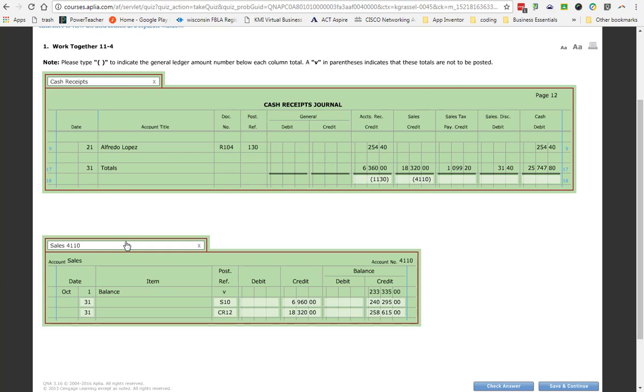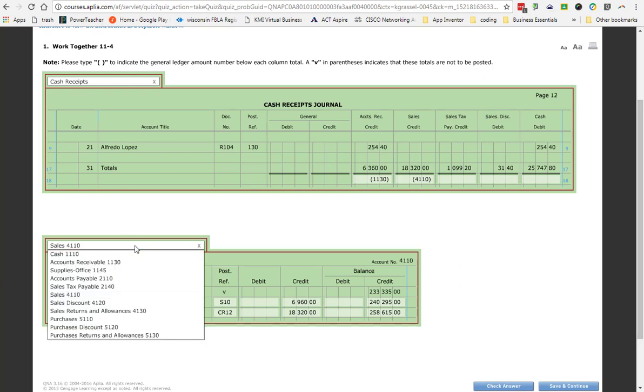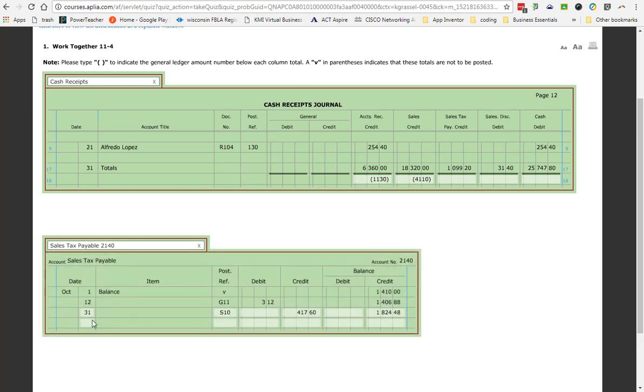After you've posted the sales, you're going to go ahead and open up sales tax payable. Date's 31st, CR12. Sales tax payable is going to be credited $1,099.20. It previously had a credit balance, so you're going to add the two. Oh, 33, thank you.